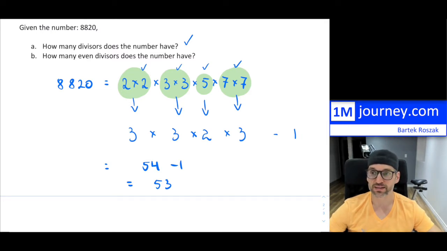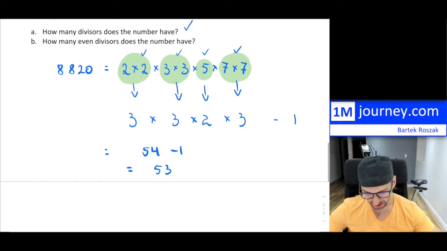Now for part B, it says how many even divisors does the number have? Finding the number of even ones would mean that we're including a 2, at least 1 2 or 2 2s. You can find out, if I include 1 2, what are all the possibilities, and what if I include 2 2s, what are all the possibilities?